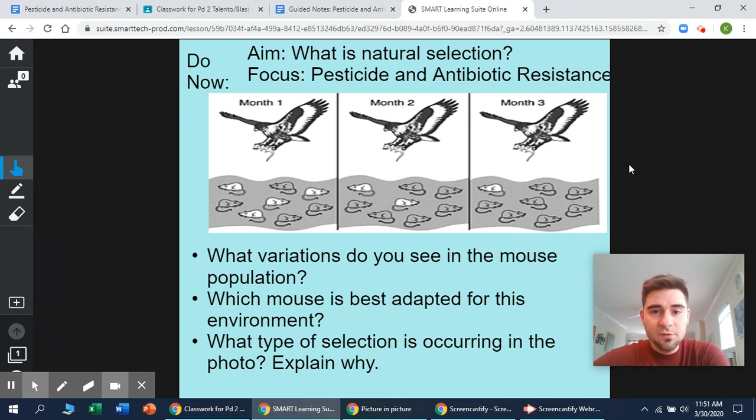Okay, so by this time, you should have answered these 3 questions. So we're going to go over them now. We're going to first, again, look at this picture. So we see the first month, there is a hawk, and it's eating some of these mice. Now let's look at how the mice start. We have different variations, right? All you see that's different is that some mice have darker fur color and some have lighter fur color.